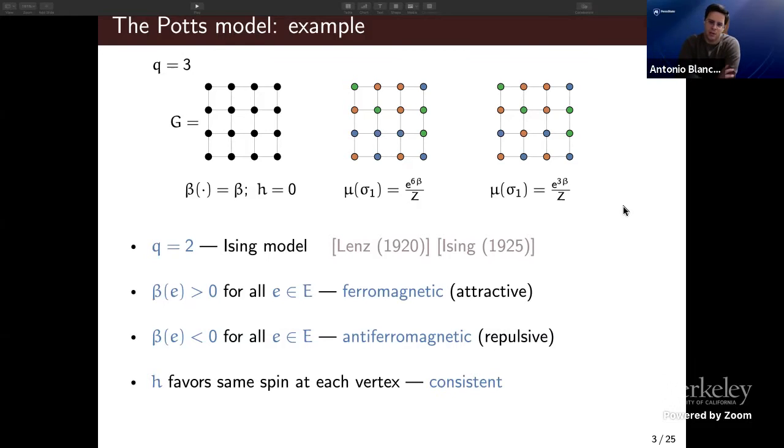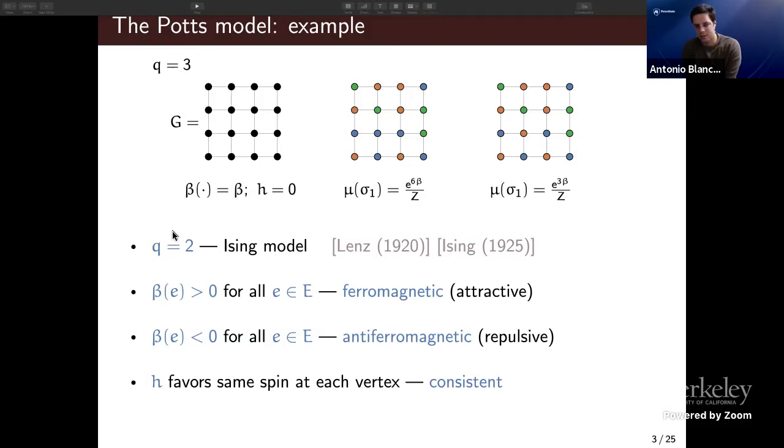Okay. So as I mentioned, the Potts model is the standard generalization of the classic Ising model to multi-spins. So we allow more than 2 spins. For the Ising model, we usually think of the spins as being plus and minus, but we can also think of them as being red and blue, and then it corresponds to this model when you have just 2 spins.